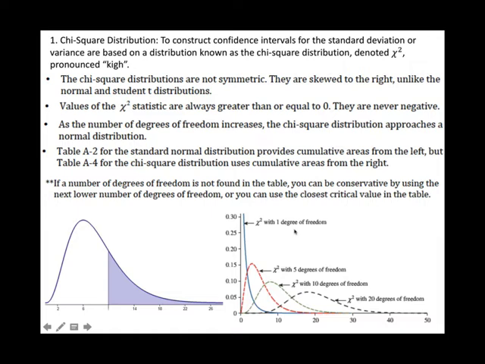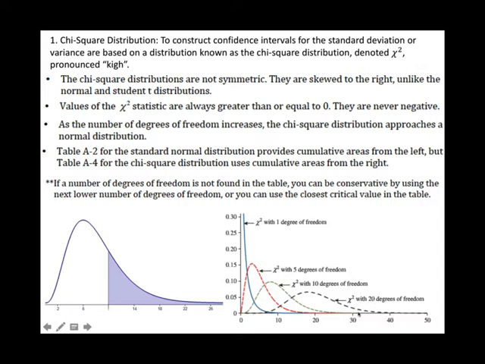For the degrees of freedom, for example, if you only have 1 degree of freedom, the picture looks like the blue line here. If you increase the sample size to 5 degrees of freedom, you see the red line, skewed to the right. Then 10 degrees of freedom, and then 20.